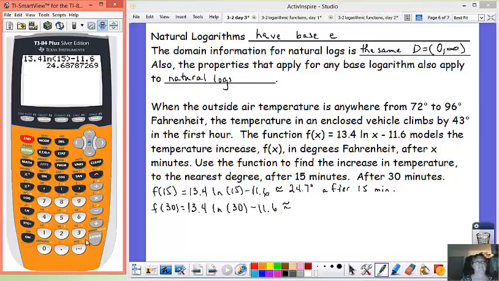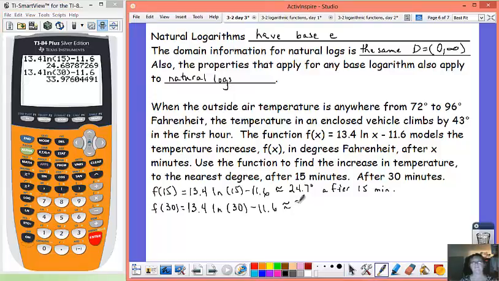We're going to second and enter again, back through this until we get to the 15, and we're going to change it to a 30. That's such a handy trick. Yeah, in 30 minutes that temperature has gone up by around 34 degrees.